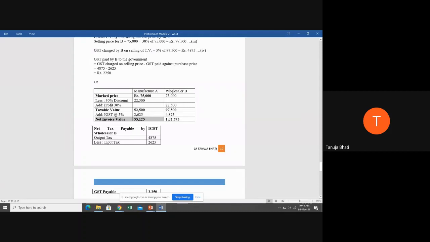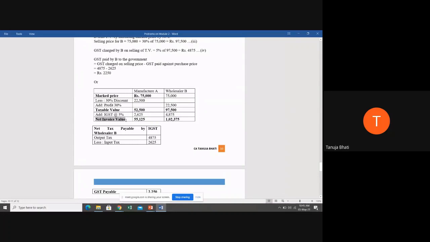55,125. Now, for wholesaler B, the wholesaler B is adding the profit to the marked price and not to the cost price. So marked price is 75,000. To that, he's adding his profit margin of 30%, so 22,500. Taxable value is 97,500. On this 97,500, he's going to add IGST at the rate of 5%, which is 4,875.